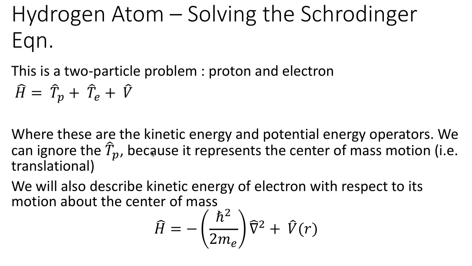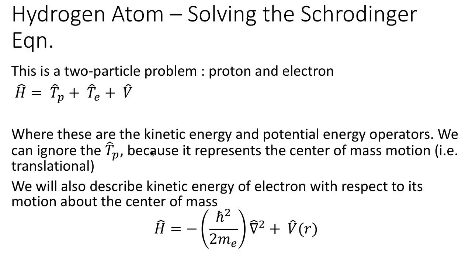To solve the Hamiltonian, the Schrodinger equation, we have to set up the Hamiltonian operator. This is fundamentally a two-particle problem. We have a proton and an electron. So you have the kinetic energy of the proton, the kinetic energy of the electron, and the potential between the two, the Coulombic interaction. It turns out we can make it much simpler because we can ignore the kinetic energy of the proton, since essentially all of the mass is in the proton.